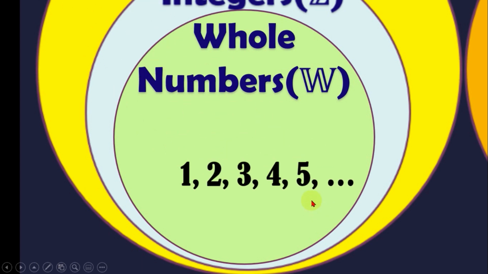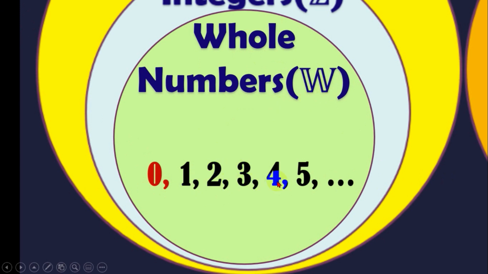However, there is an exception to these whole numbers kasi may whole number tayo na hindi natural number. Ano yung number na 'yon? The number zero. Okay? So, ang mga whole numbers natin ay nagsisimula sa zero, 1, up to so on and so forth. Alright? The symbol of our whole number is W, like this one.